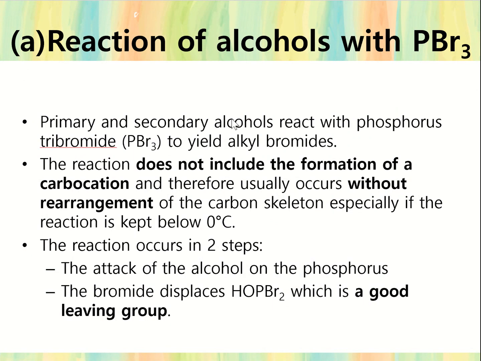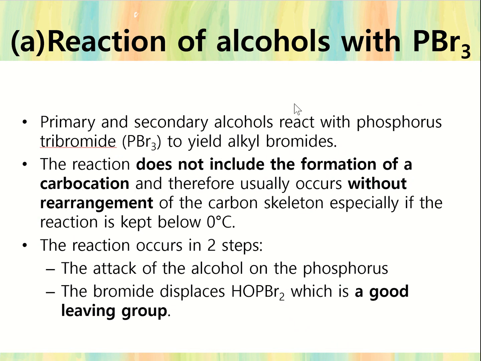So the primary and secondary alcohols react with phosphorus tribromide, PBr3, to yield alkyl bromides, as we just saw. The reaction does not include the formation of a carbocation and therefore usually occurs without rearrangement of the carbon skeleton, especially if the reaction is kept below 0 degrees Celsius.